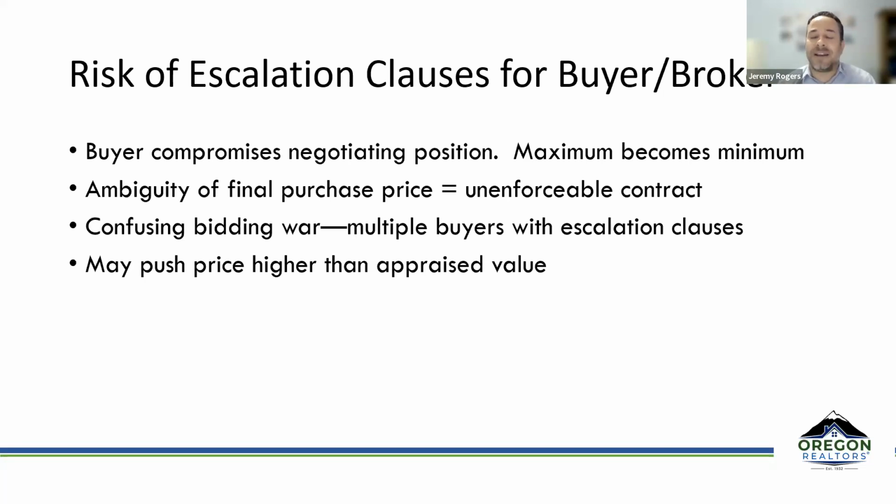Now, if a buyer maintains their appraisal contingency and their financing contingency, then that ultimately might be a risk the buyer is willing to take, because they will get their earnest money back. But in that case, it could still end in a lot of delay and perhaps costs that the buyer has put in to investigate the property that end up being lost.